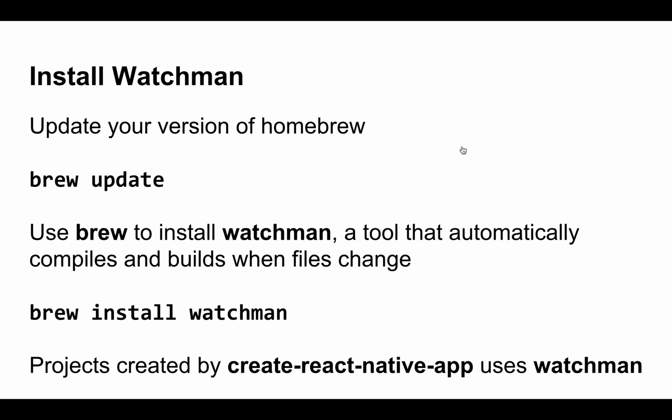So you need Watchman on your system. From a Mac, it's easy. You make sure you have Brew updated, and then you can install Watchman. There's instructions on how to do this also on Windows, in the getting started. So you'll need Watchman running on your machine.